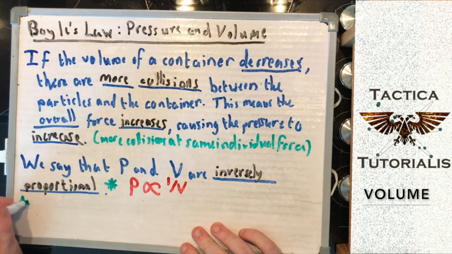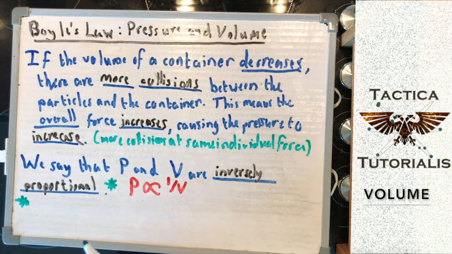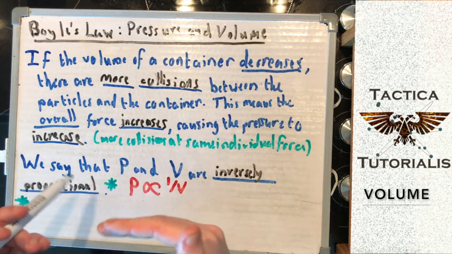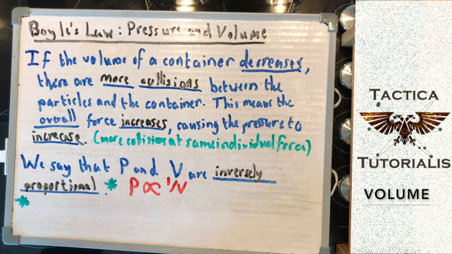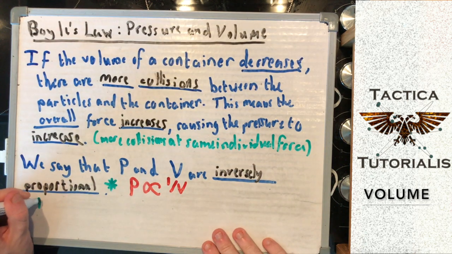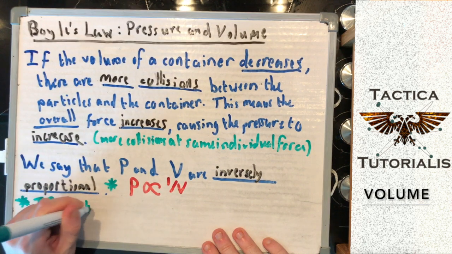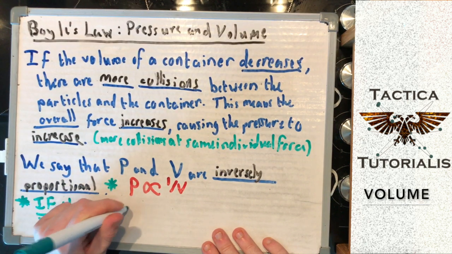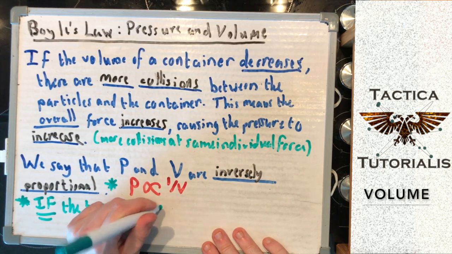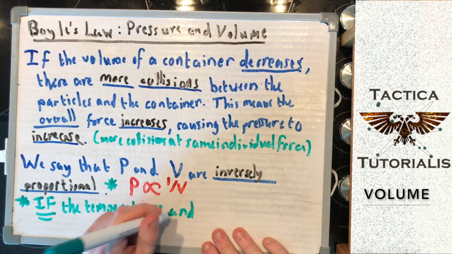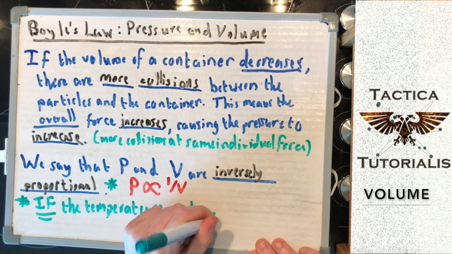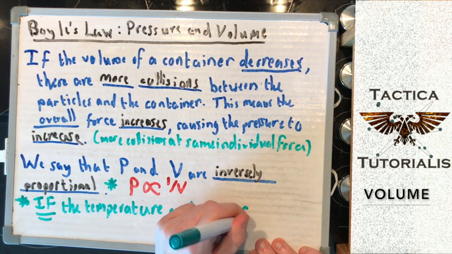Remember, the PT relationship of direct proportionality only held because of a constant volume. You mess with the volume, the relationship breaks. The same applies here. This inverse relationship only applies if the temperature is constant and there is an extra one, the mass of the gas.